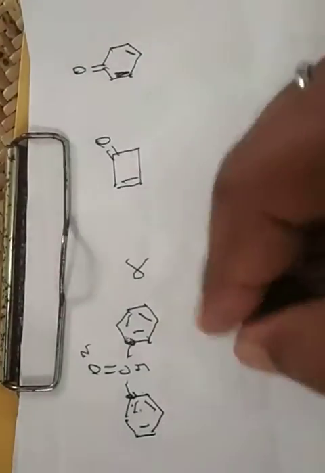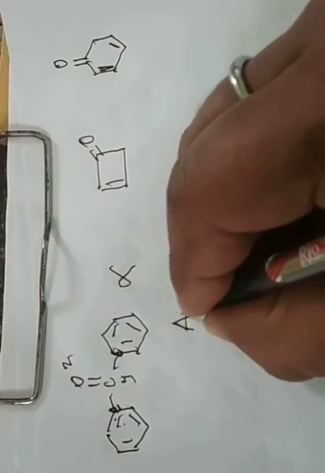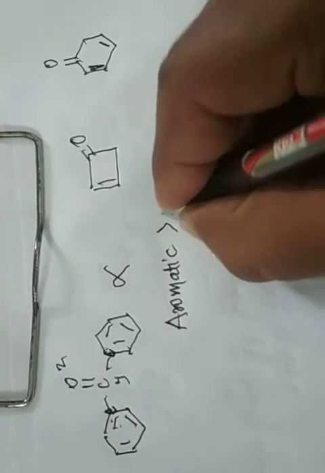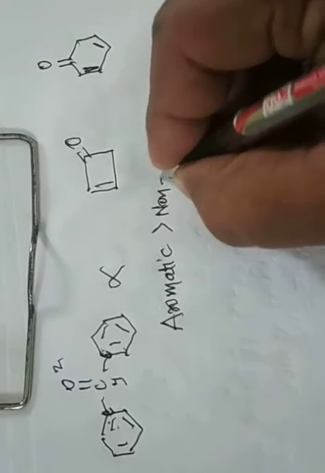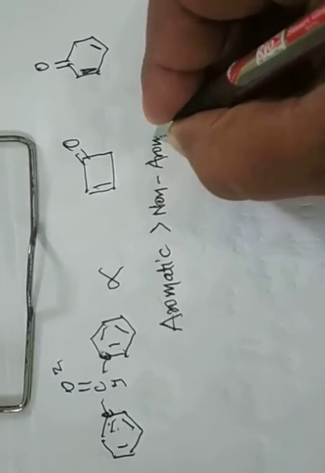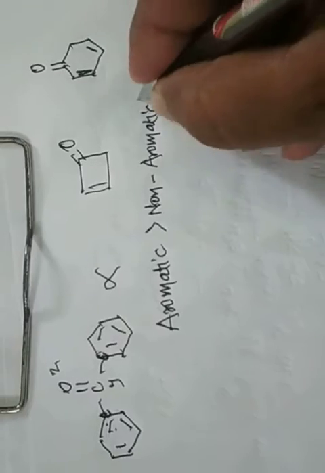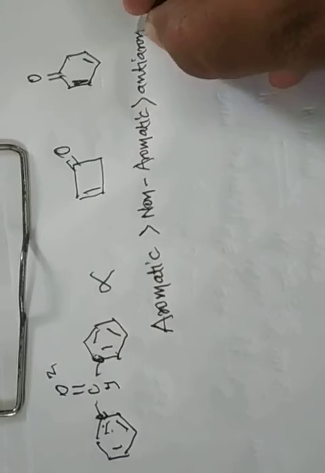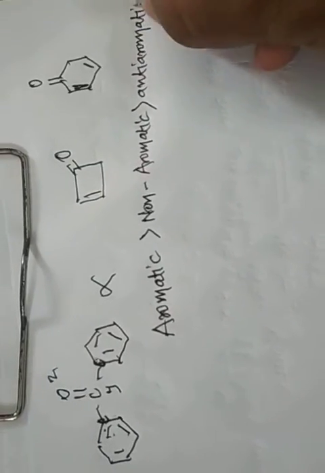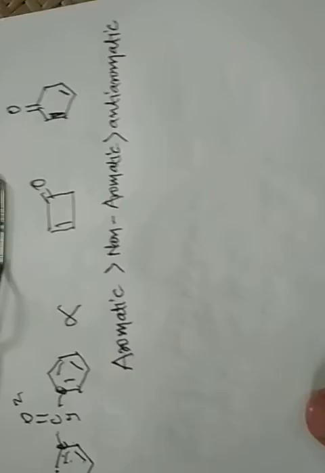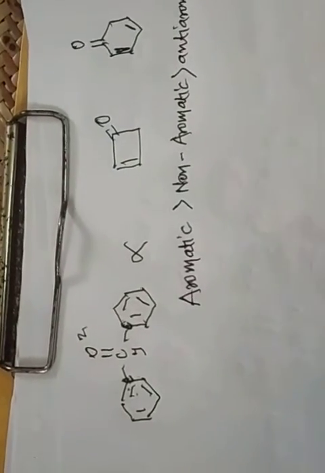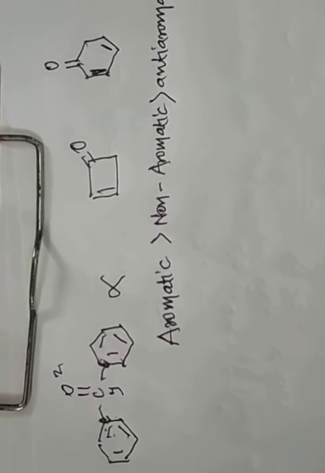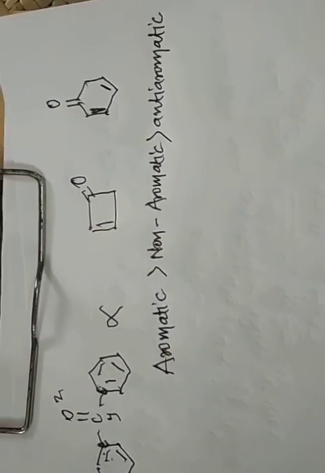So you know very well, the more stable compound is aromatic, then non-aromatic, and the last one is anti-aromatic. Okay, clear student? So first you check all these examples and practice them, then I'll send other videos on tautomerism. Clear student? Okay.